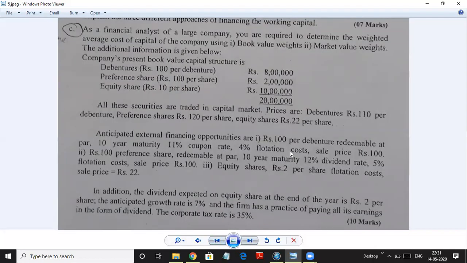In the second paragraph, equity shares rupees 2 per share flotation cost and sale price is 22. Sale price is the market price that we'll consider. We are receiving 22 rupees after selling equity and 2 rupees is flotation cost. So 22 minus 2, what I'm actually receiving is only 20.